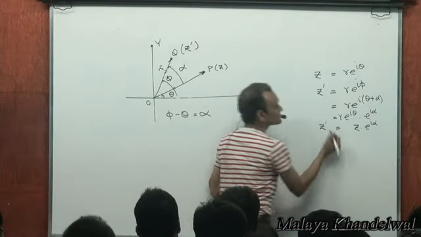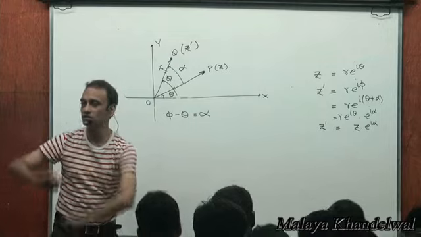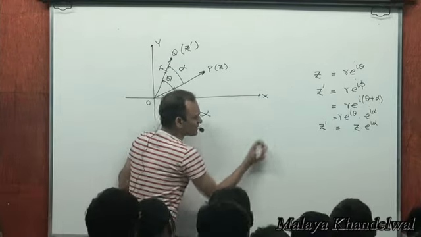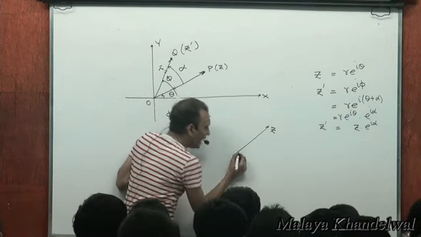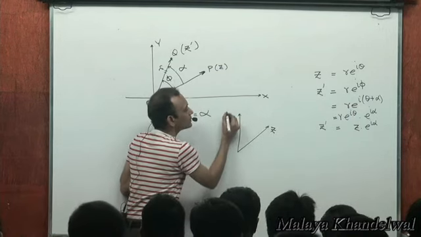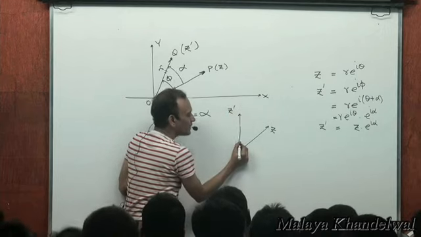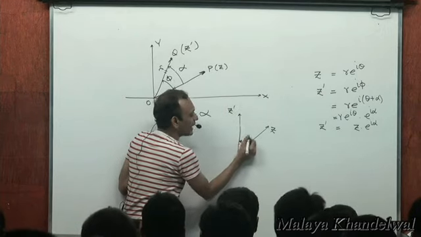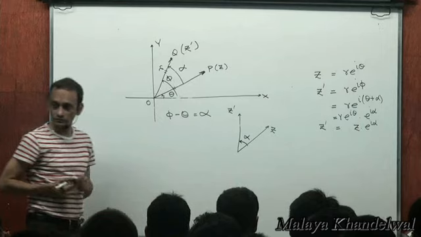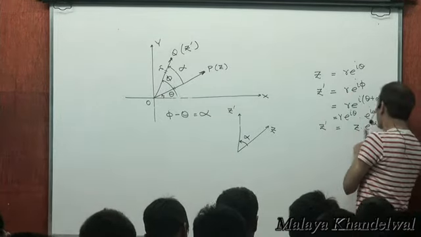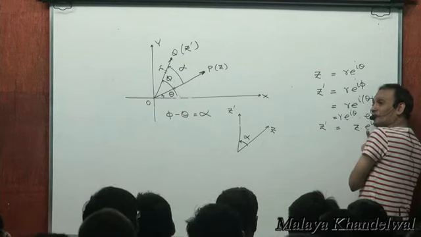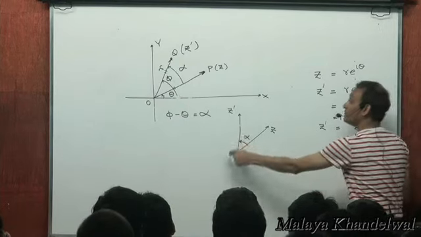Now, the important thing is the following. There was a vector z like this, and there was a vector z prime like this, and the angle between them was alpha. If this vector z was multiplied with e power i alpha, what did it do? It gave me z prime.